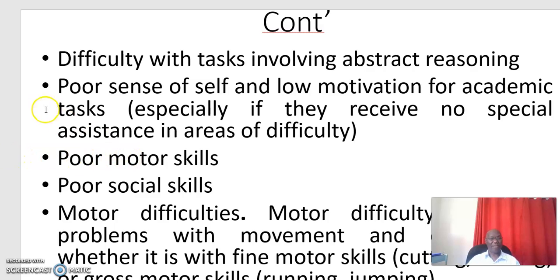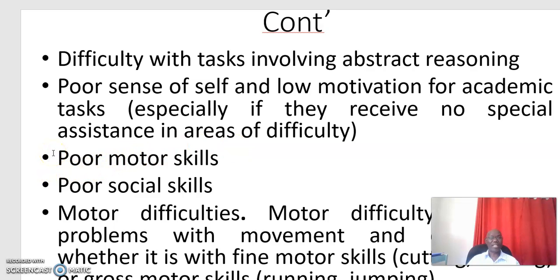These students also have difficulty with tasks involving abstract reasoning. They also have a poor sense of self and low motivation for academic tasks, especially if they receive no special assistance in areas of difficulty.